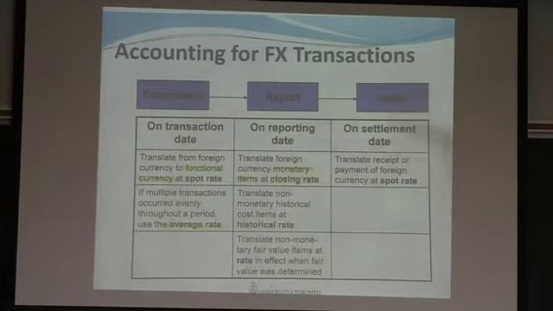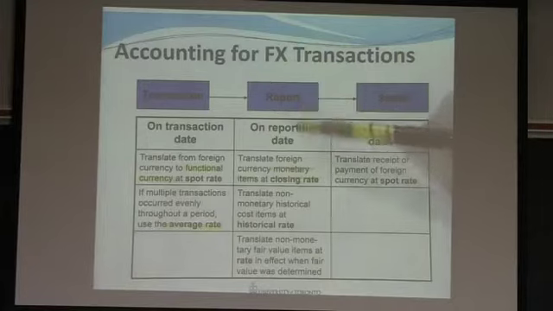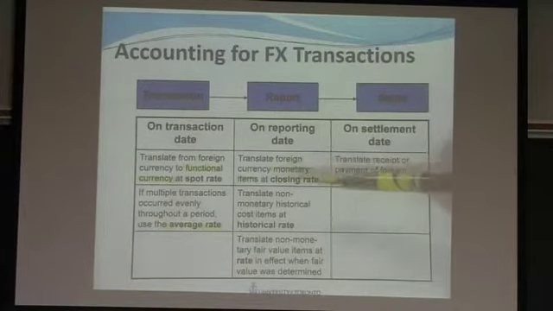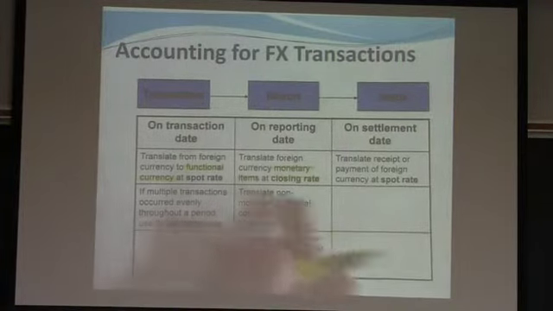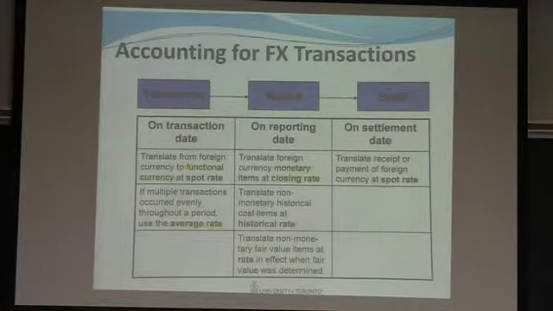But on December 31st, let's say that's the year end, the reporting date, only monetary items are translated at the closing rate. And the closing rate means the balance sheet date rate. Okay? That's what that means. And any non-monetary items are translated at the historical rate.